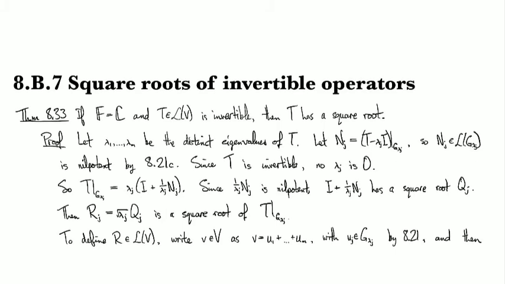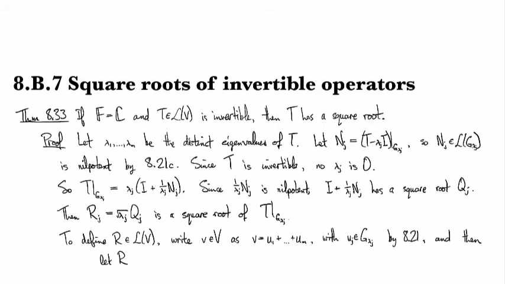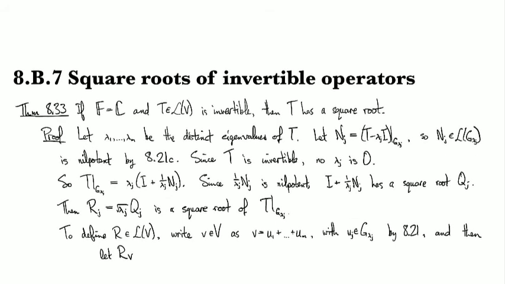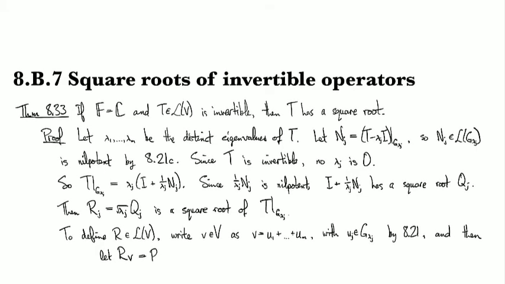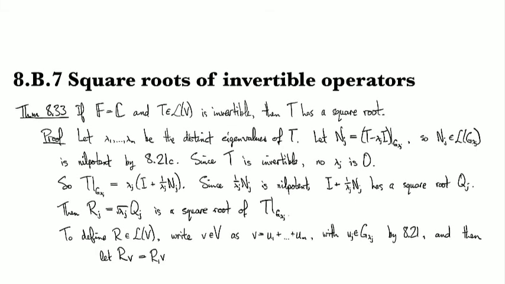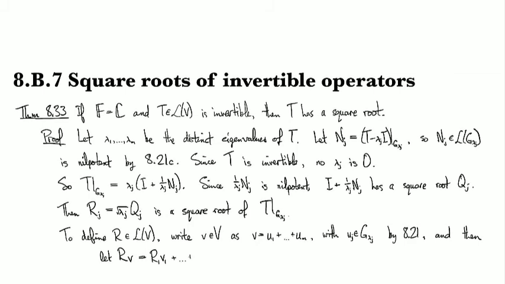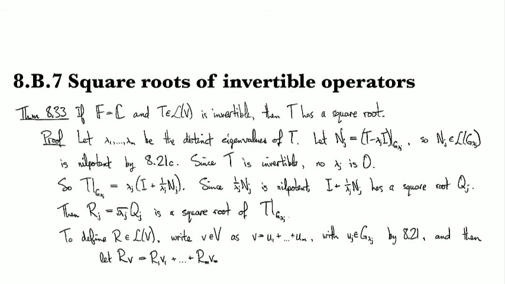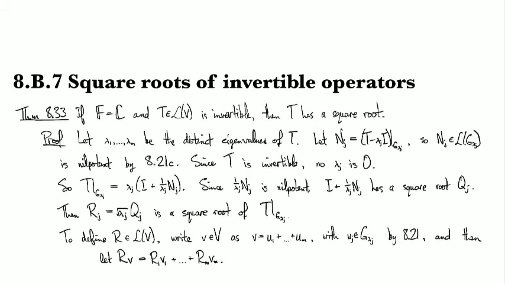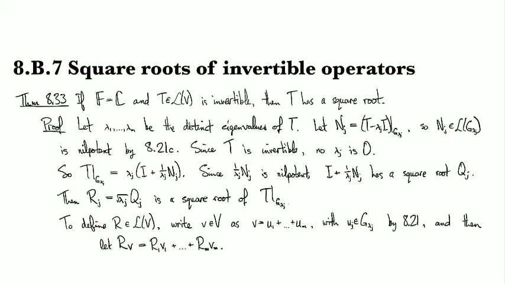And then we say that R applied to such a vector is how its components act on each of the components. So we do R_1 on V_1 and so on and so forth. Right? Okay.